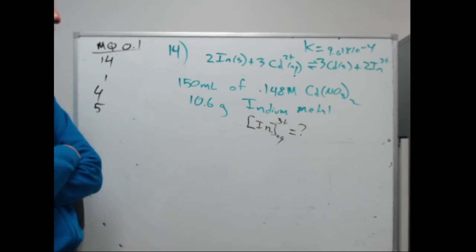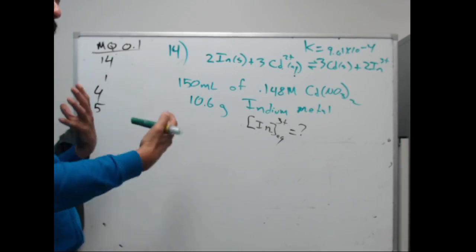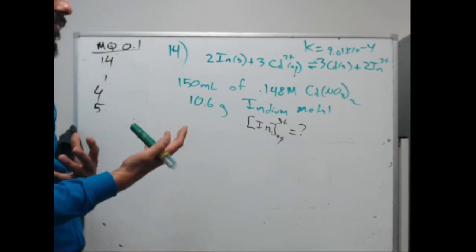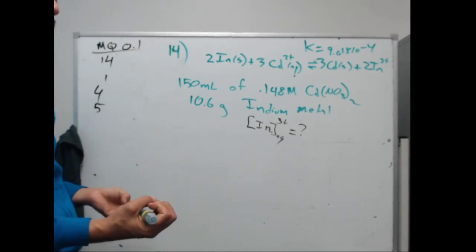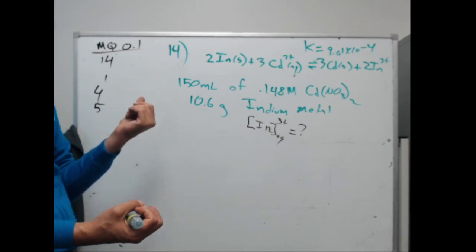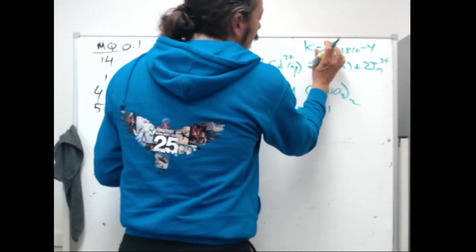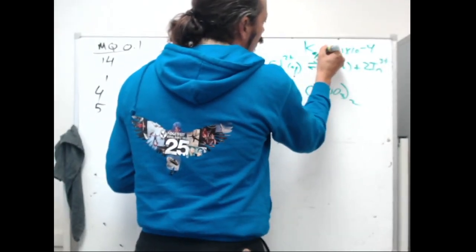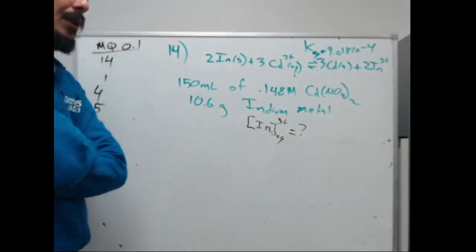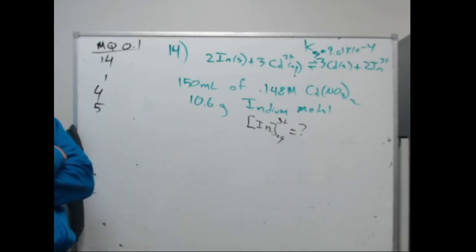Essentially what's going to happen is the cadmium is going to rip apart some of that indium by stealing its electrons. It's going to form cadmium solid, and indium is going to go into solution. Since my K value, and I'll put my subscript on there again, since my Keq is a small value, I think this is only going to happen a little bit, but it's going to happen some.